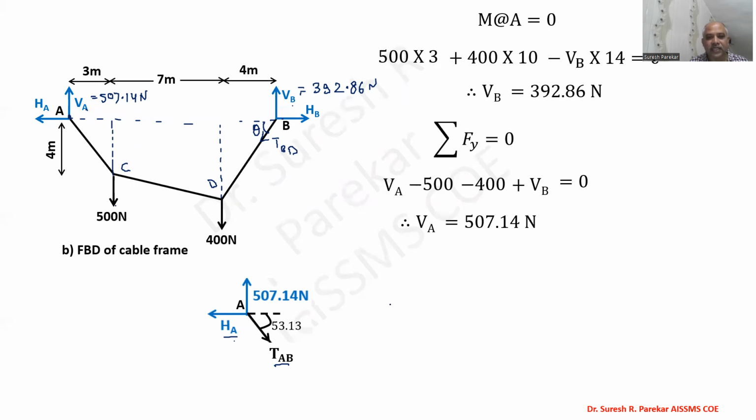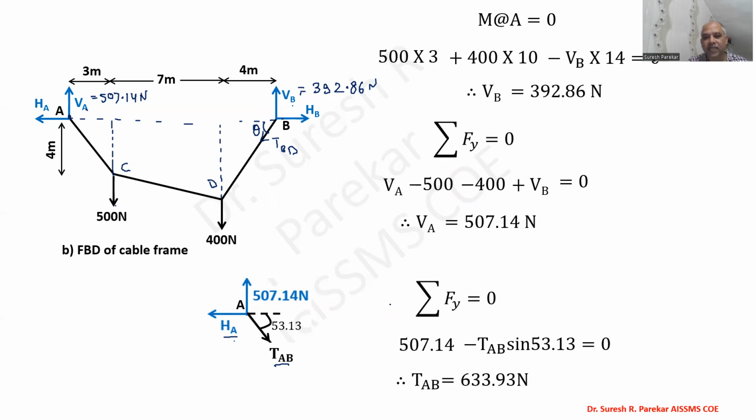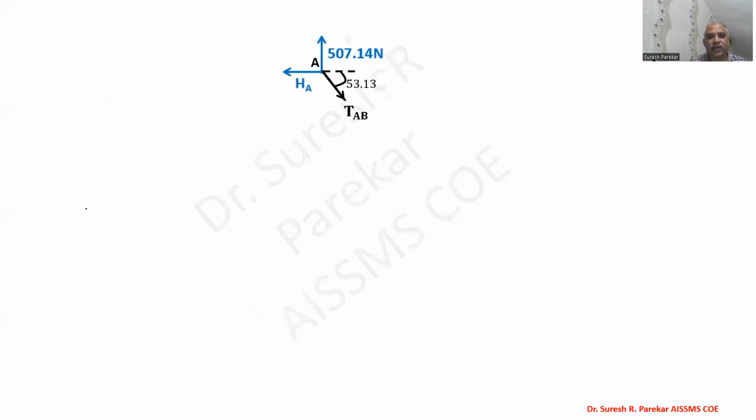So we can use this and write summation Fy equal to 0, from which we will get TAB. 507.14 minus TAB sine 53.13, vertical, so sine angle is with horizontal, and we will get tension in cable AB as 633.93 Newton.